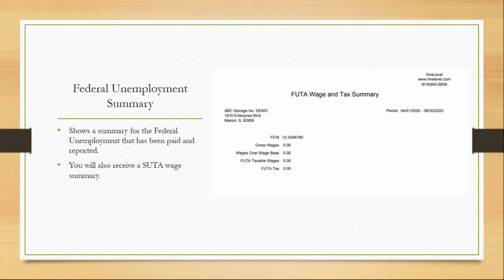Again, it is similar to the federal, but it shows you the wages that were reported for unemployment in the states that you pay wages in. So if you have multiple states, you'll receive multiple of these reports, one for each state.